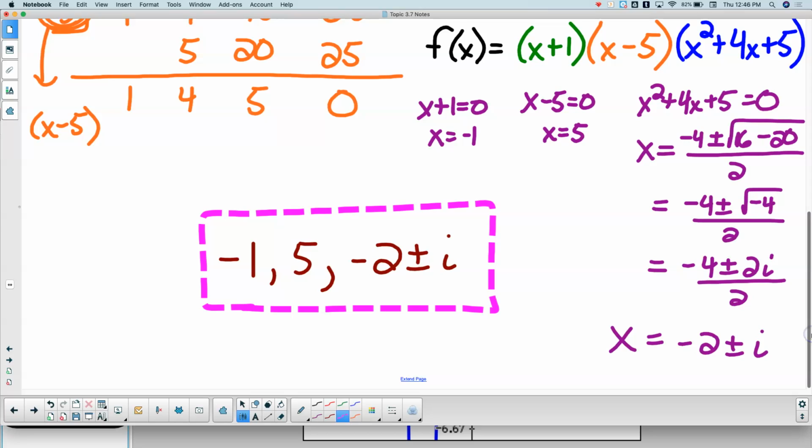If I would have said give me the real zeros, then we would have stopped right there, and that would have been our answers. If we said give me all the zeros, then that's my final answer. You gotta know what is being asked of you in order to go forward. You gotta know what the question is before you can give an answer is probably a better way of saying that.